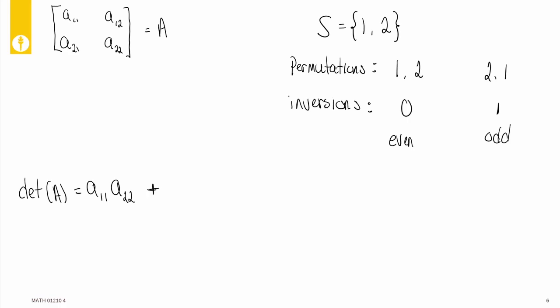Plus, rows go up 1, 2, and the order is 2, 1 for the column. That permutation is odd. So that's negative. There's your determinant of a 2 by 2.